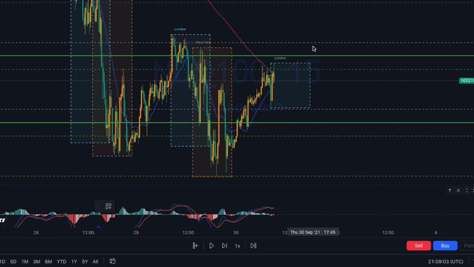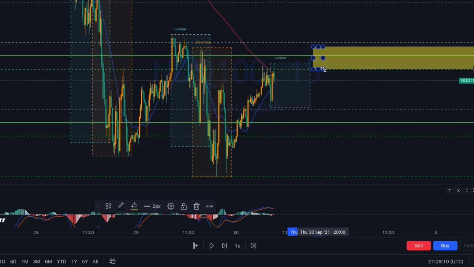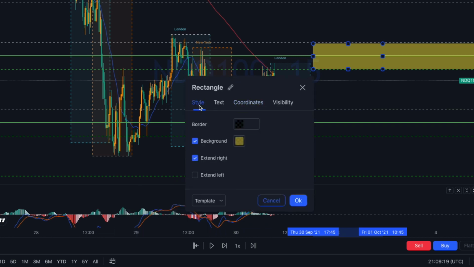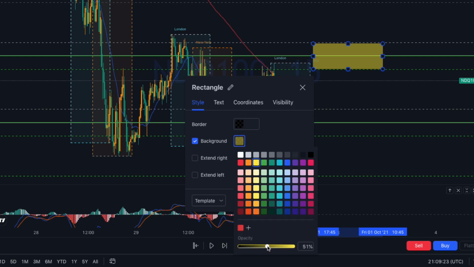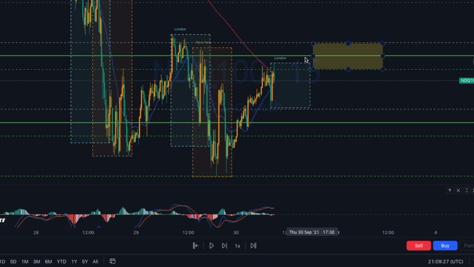So in this zone right here, these are my resistance and support levels. Okay, and let's make this a little bit less. All right, okay. So the straight thick line in the middle is my actual resistance or support level, right?